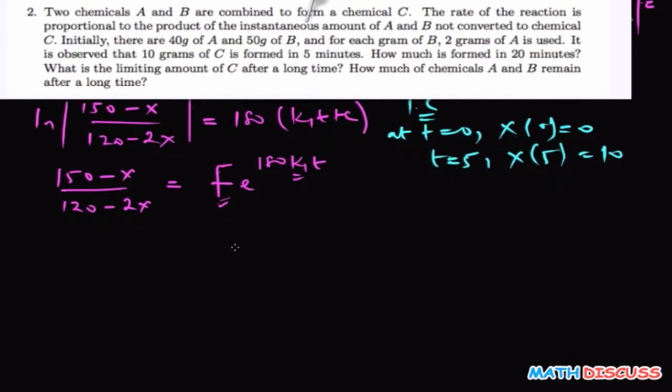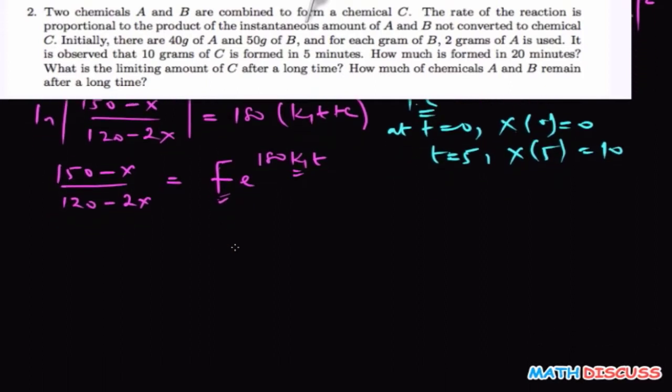So using the first one says when t is 0, x is 0. So when x equals 0, you have 150 divided by 120 equals f e to the power 0, that's 1. So that means f equals 150 divided by 120, and this is equal to 1.25.